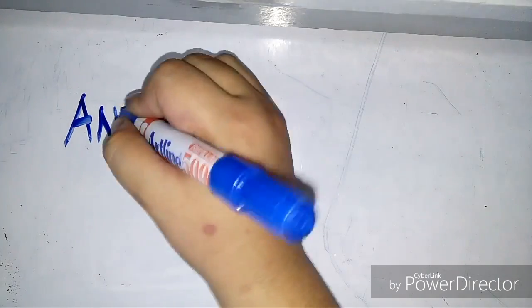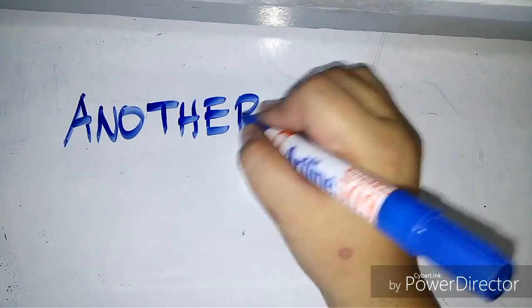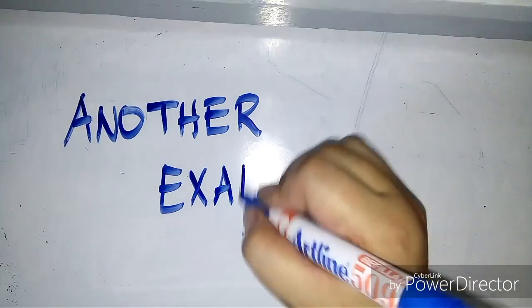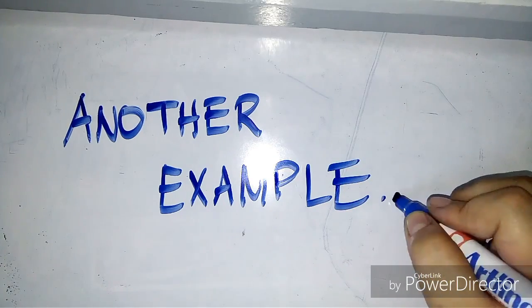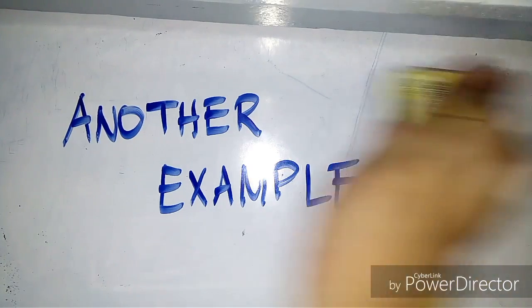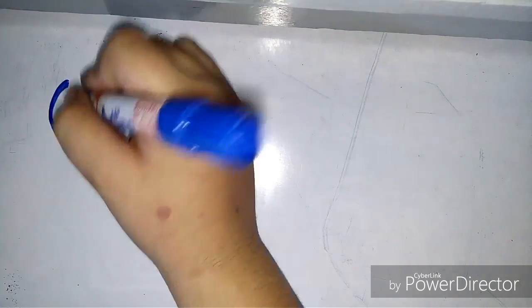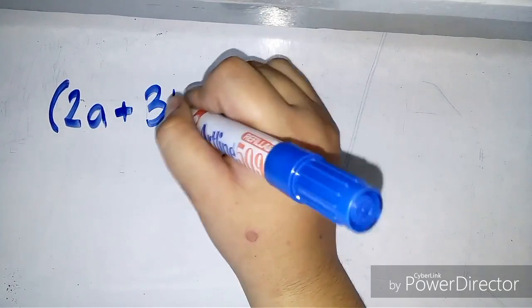Next, we're going to be doing another example. We're going to be using the example of the quantity of 2a plus 3b cubed.